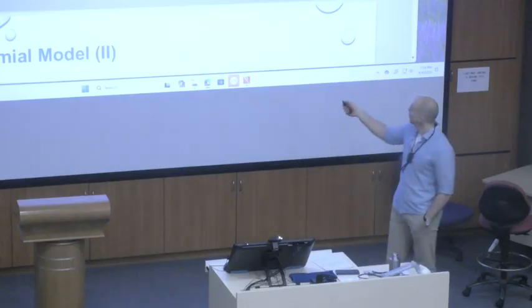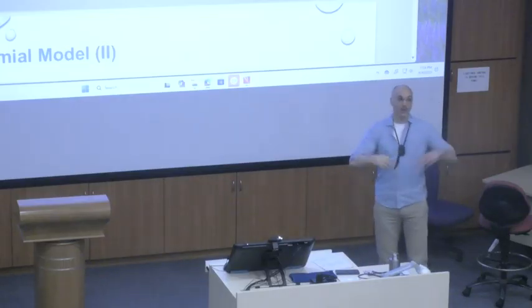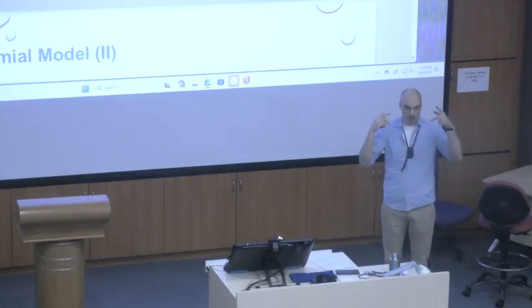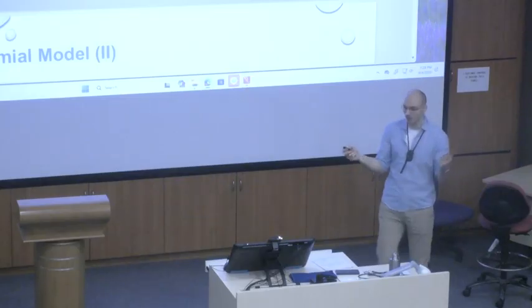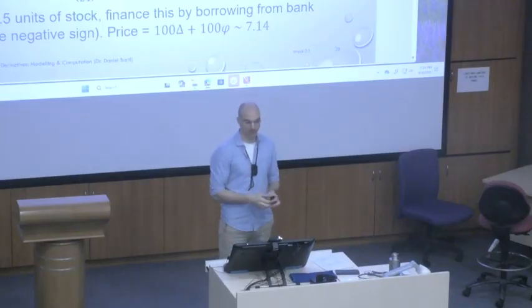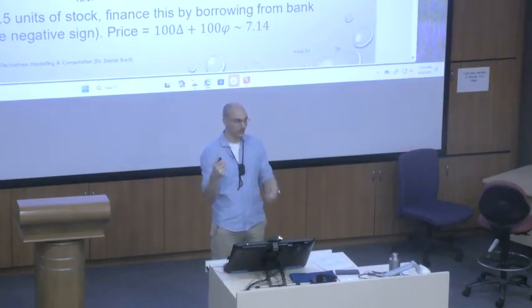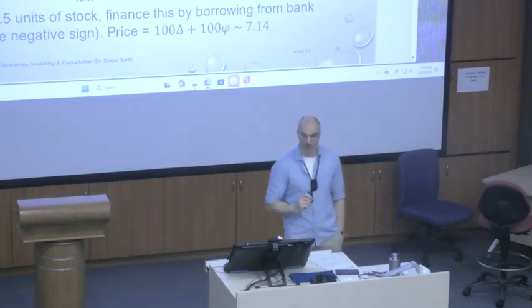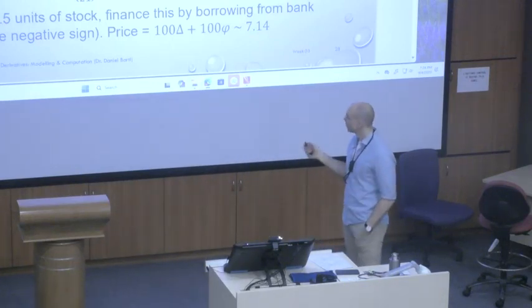This function, V here, could be anything. Here, magically, because I have two nodes, two unknowns, and two equations, I can do it. I have two parameters I can choose, delta and phi. Two equations, no problem, whatever this V function is.